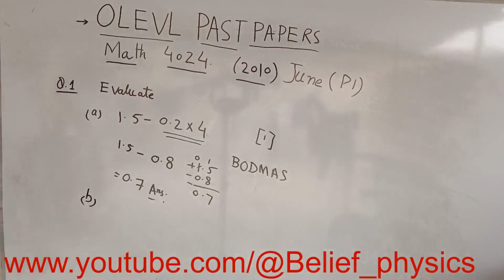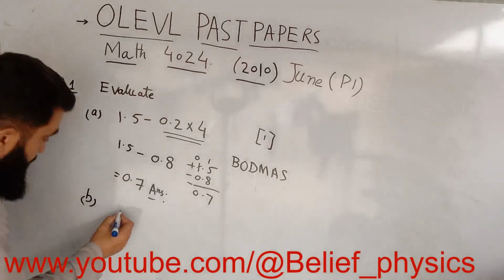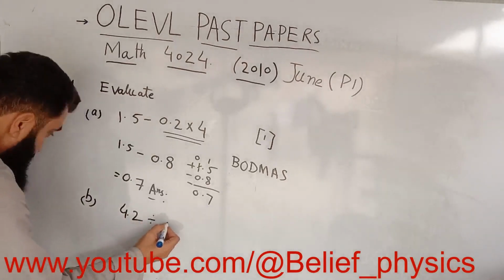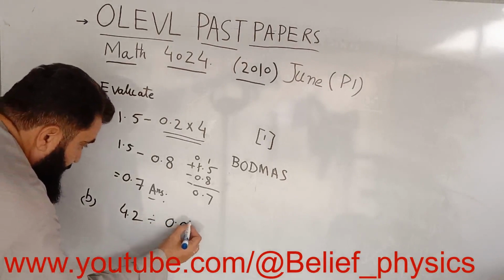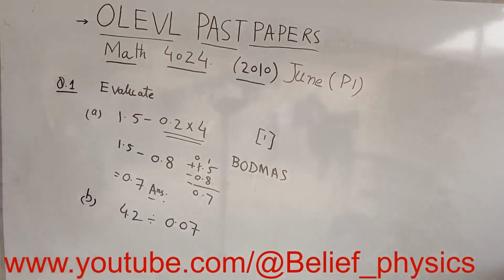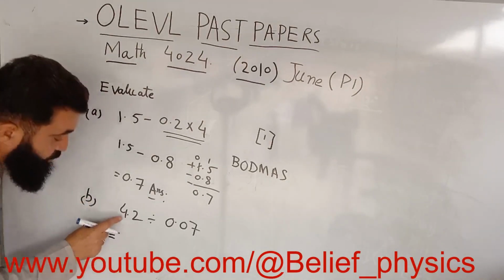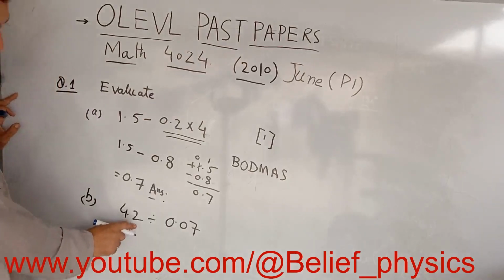Part B of this question is 4.2 divided by 0.07. We have to solve it without using a calculator. Look here. We will convert it to a common fraction. How to convert into a common fraction?